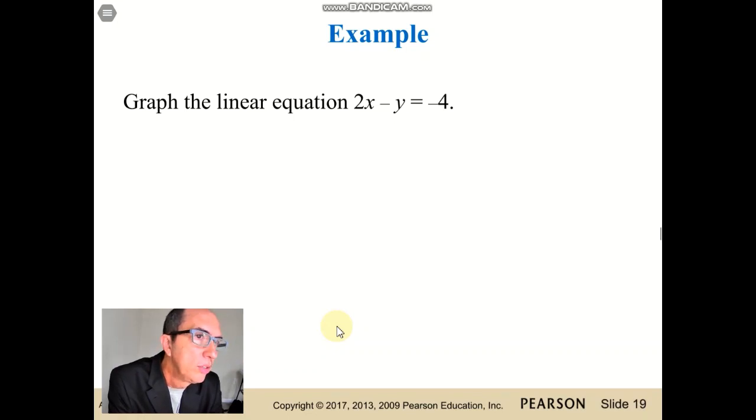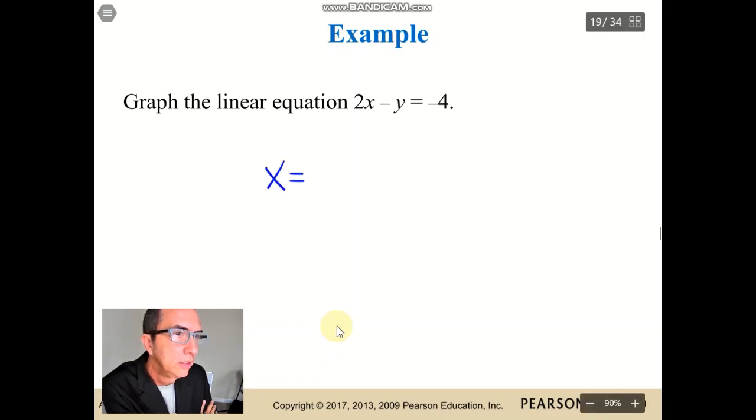Now we have another linear equation, 2x minus y equals 4. Remember, what would we do? We will assume values for x and find y. I always try x equals 0 first.